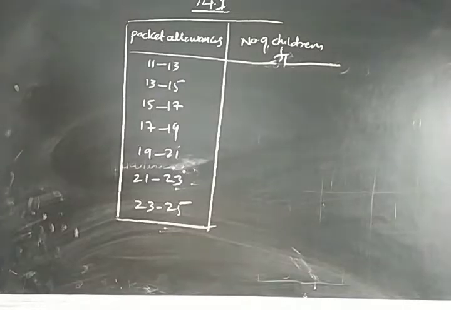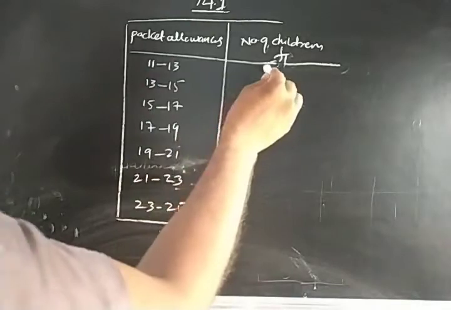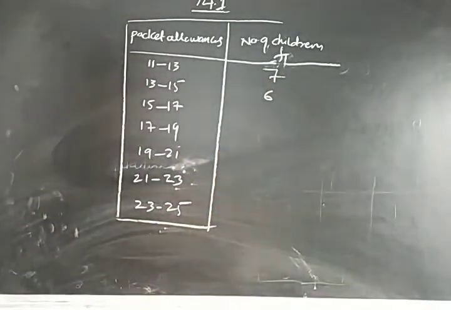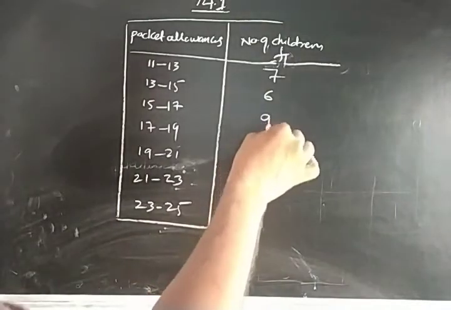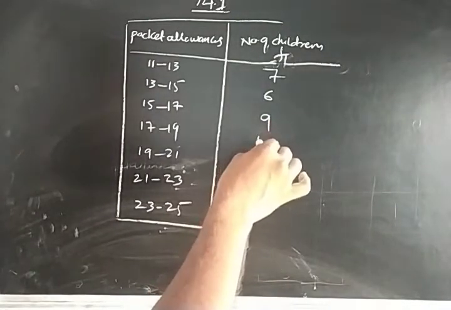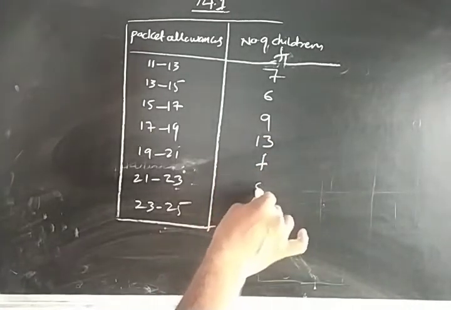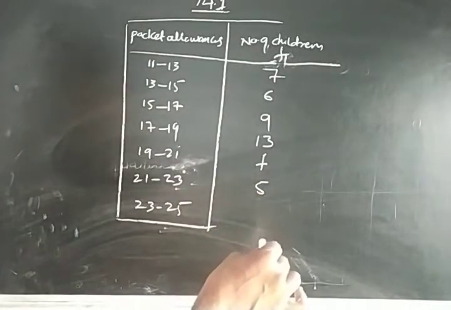Seven children. 13 to 15, 6 children. 15 to 17, 9 children. 17 to 19, 13 children. 19 to 21, the missing frequency. 21 to 23, 5. 23 to 25, 4.